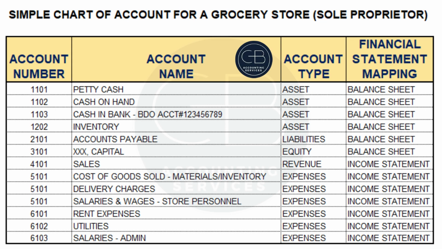1101 is for petty cash, 1102 is for cash on hand, and 1103 for cash in bank BDO account number 123456789. Kung magkakaroon pa tayo ng another bank account with the same or different bank, then we will need to create 1104. Next account number starting with 1 is inventory account na may account number na 1202 na nagre-represent ng unsold paninda natin.